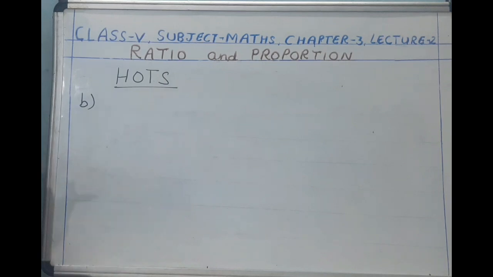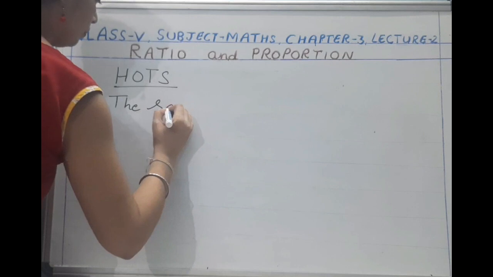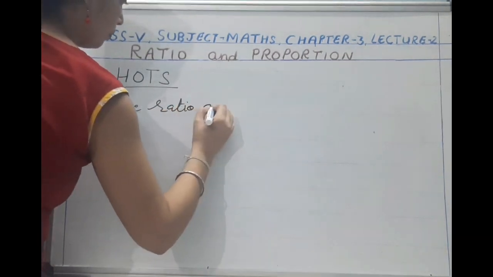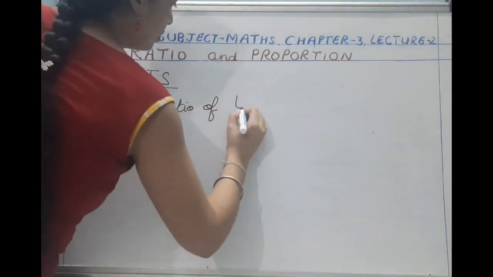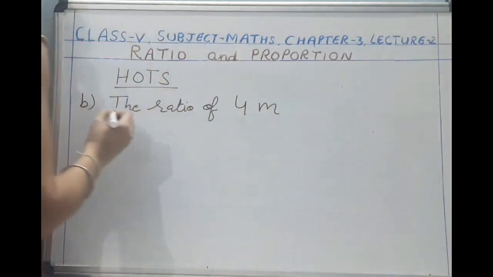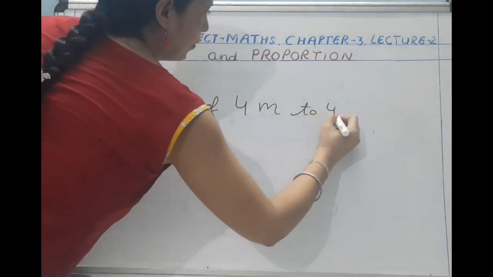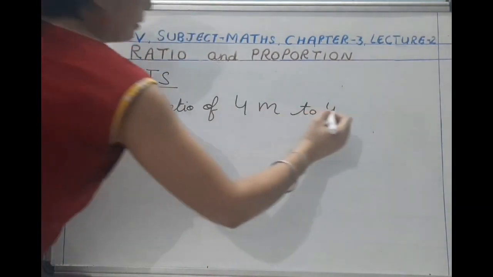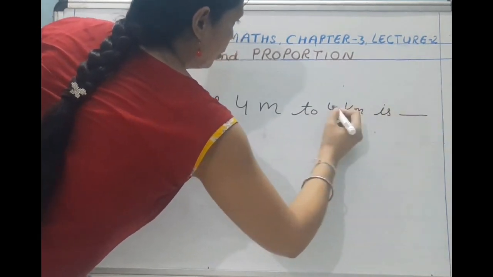Now the B part is: the ratio of four meters to 4 kilometers is dash.